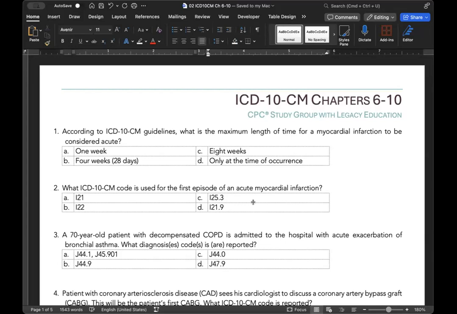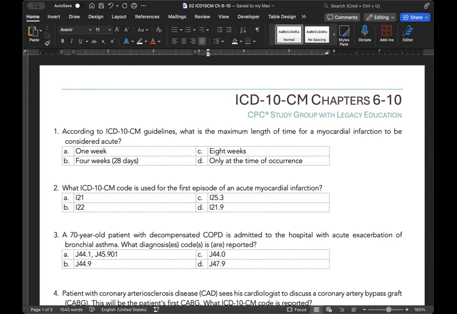So the first question that we have for this one is not necessarily a how to find the code question, but it is just a general guidelines question. According to ICD-10-CM guidelines, what is the maximum length for a myocardial infarction to be considered acute? If you want to put in the chat either the letter, yep.